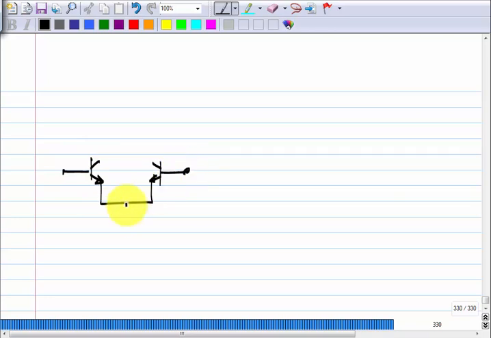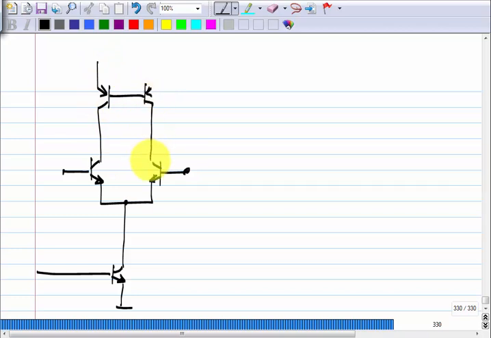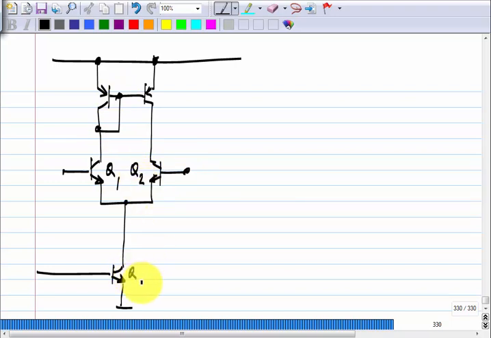That is the differential pair with a current mirror load. It looks exactly like the MOS counterpart. For some reason, the transistors used to be labeled Q, I do not know why.